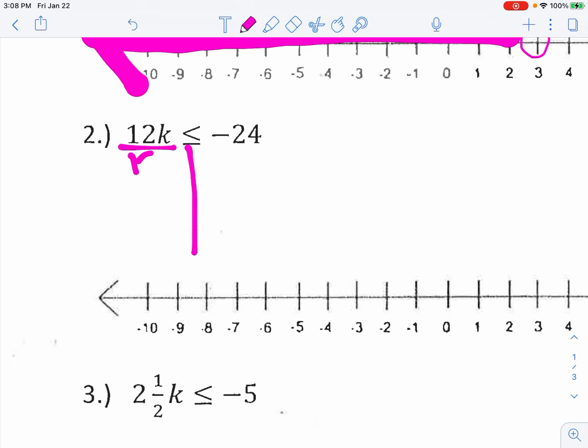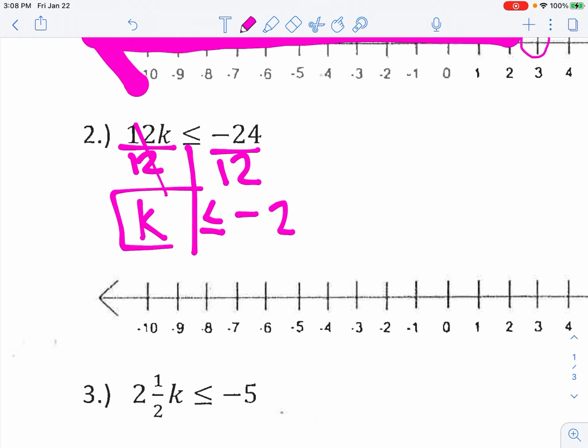Divide by 12. Divide by 12. 12's are going to cancel. K is less than or equal to, so I've got -24 divided by +12, so that would be -2. K is less than or equal to -2.